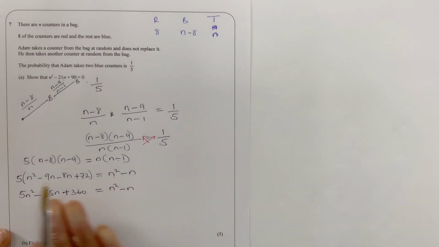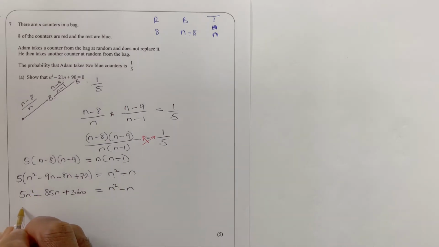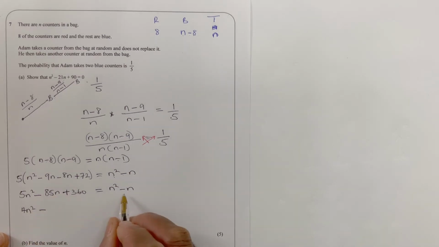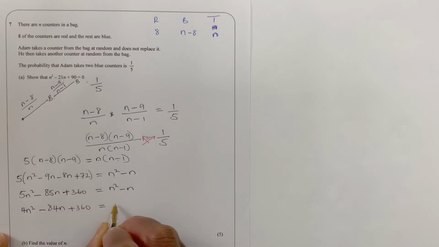If I take this to the other side, I'm going to have 5n squared minus n squared, which is 4n squared, minus 85n plus n, which is 84n, plus 360 equal to 0.